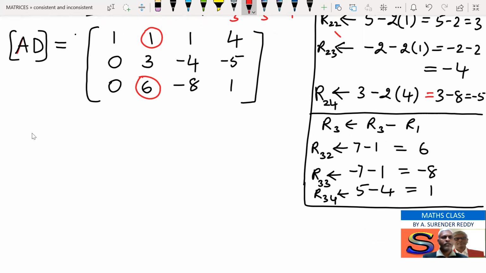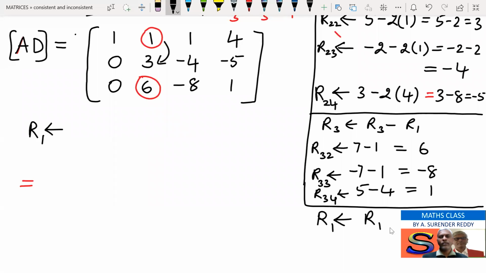So the formula: now we are changing R1. So now let us prepare a formula here, R1 with the help of R2. We have to prepare a formula with the help of R2. We are converting R1.